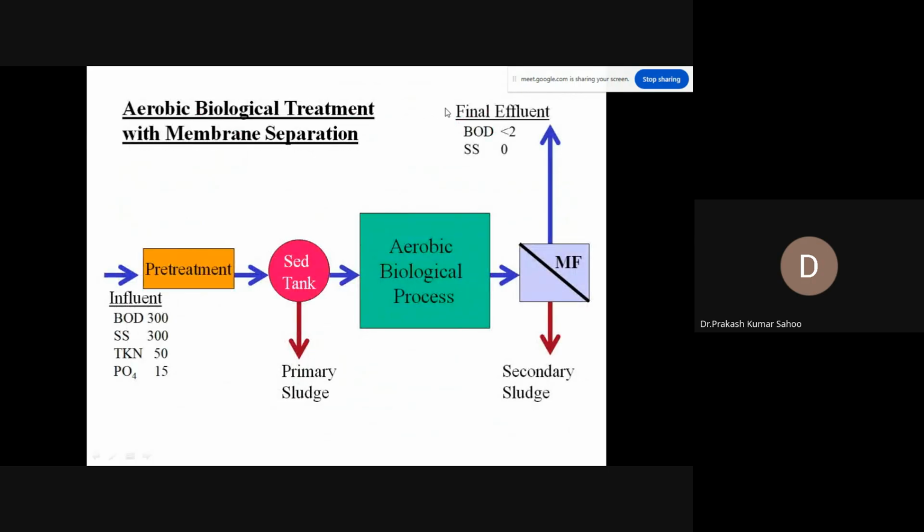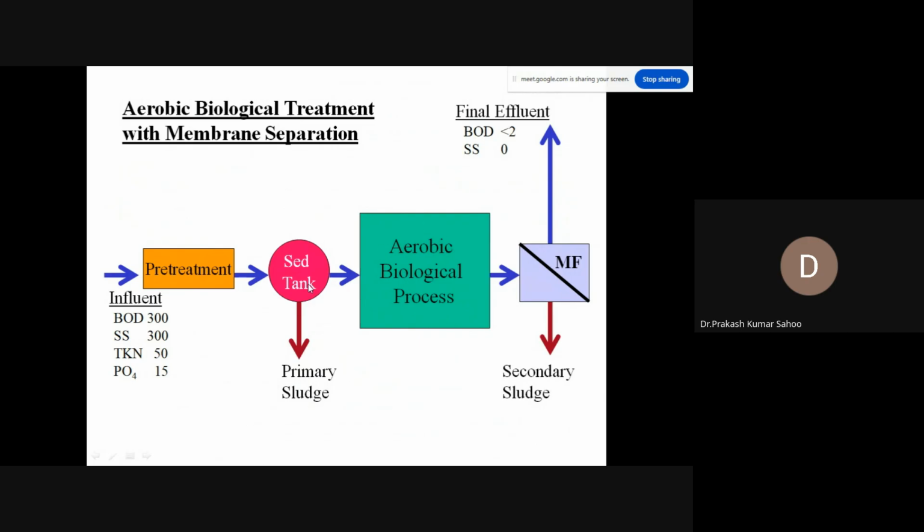In the aerobic biological treatment the oxygen is very plentifully available. So here what happens? We have the pre-treatment of the sample, then your sedimentation tank, where the sample is now moved to the sediment tank, which is again passed through that aerobic biological process.